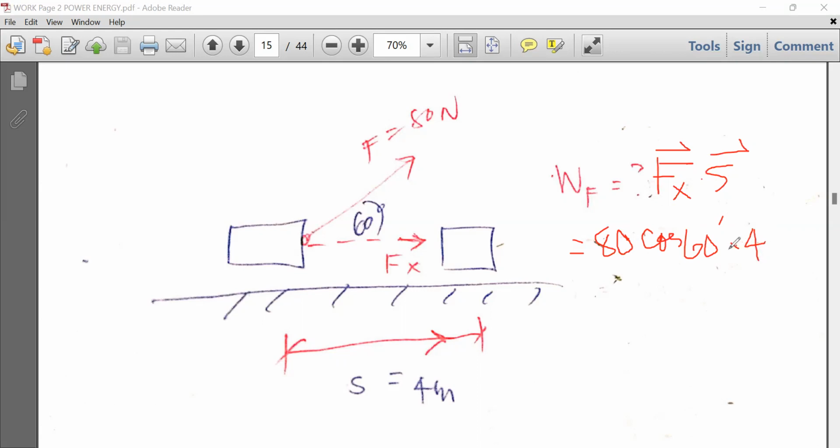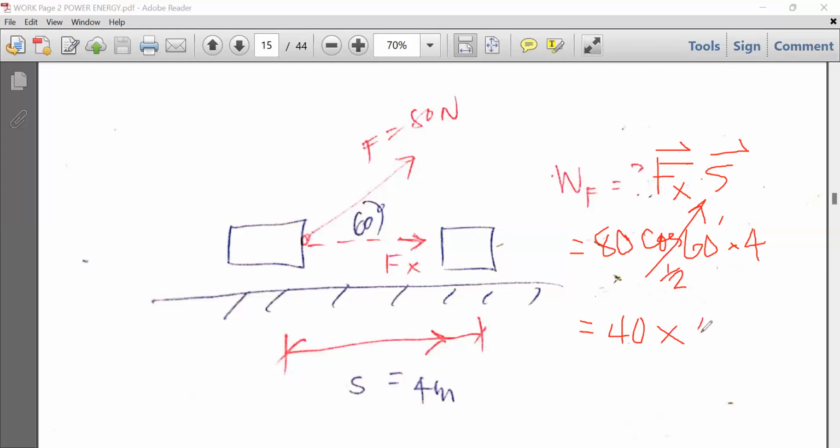Remember that cosine of 60 is 1/2. 1/2 of 80 is 40. So this is 40 times 4 meters.